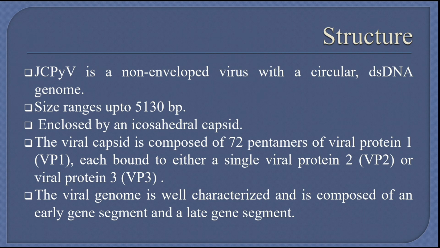The viral capsid is composed of 72 pentamers of viral protein 1 (VP1), each bound to either a single viral protein 2 or viral protein 3. The viral genome is well characterized and is composed of an early gene segment and a late gene segment.